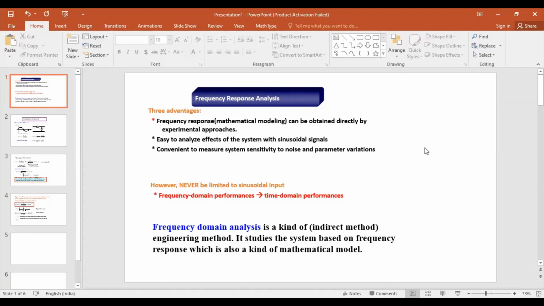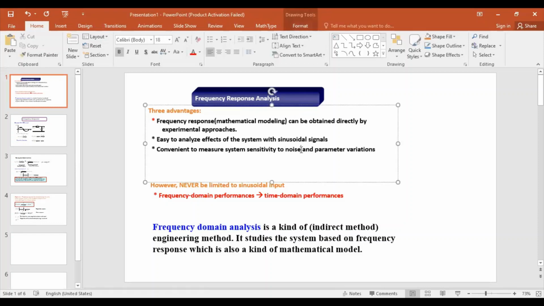Similarly, when you go to this advanced analysis using the frequency domain method, we can study the sensitivity to noise or parameter variations. So how can sensitivity to noise be observed in this RLC circuit?